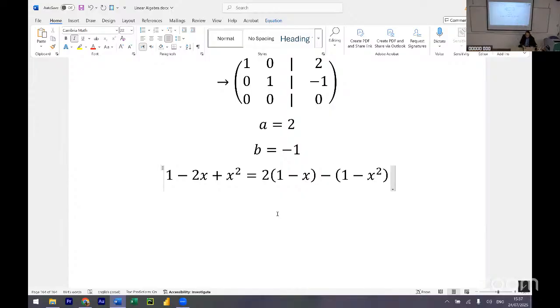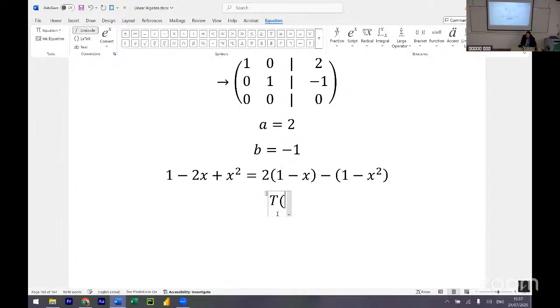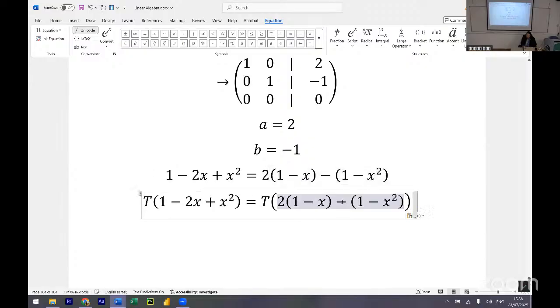Okay? Now again, applying the linear transformation, from the left we get T of 1 minus 2x plus x squared, and now we'll go the long way. On the right, we get T of this linear combination.